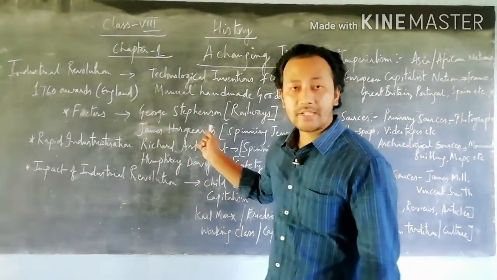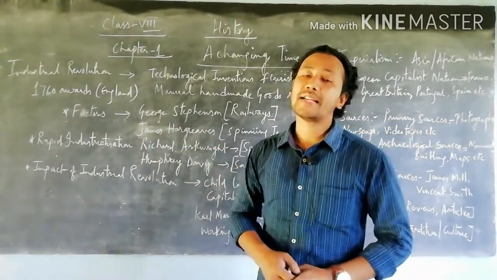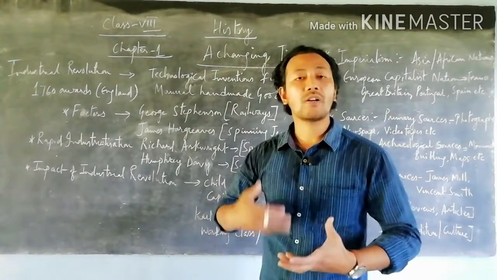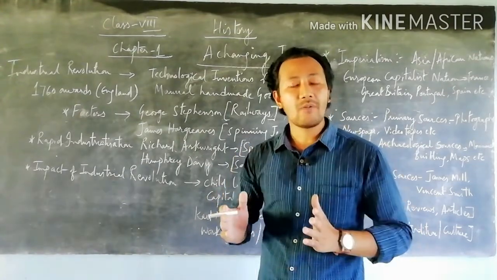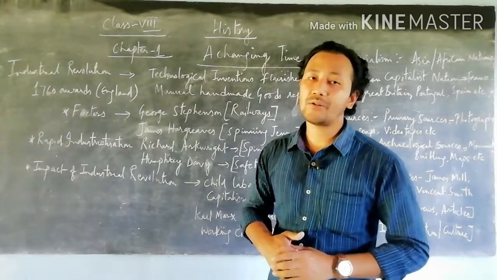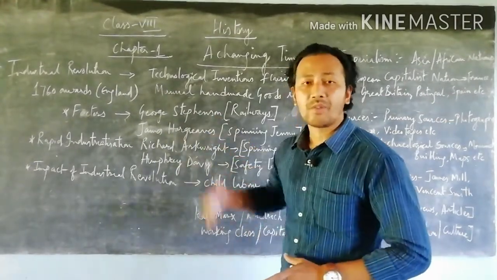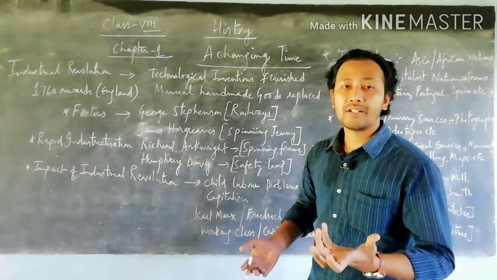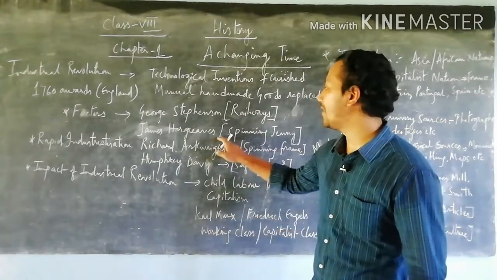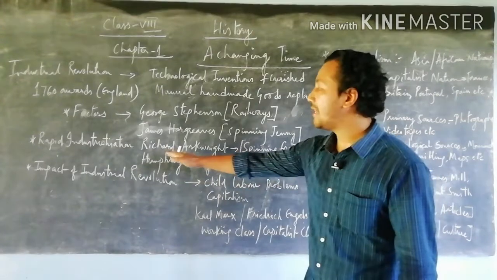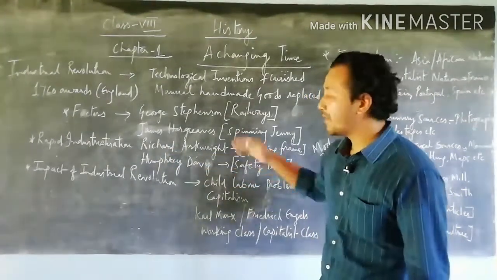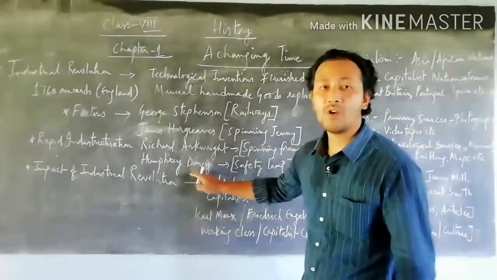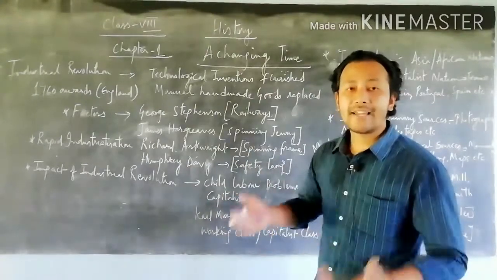First, George Stephenson, who has been regarded as the father of the railway, made a contributing effort towards the railway, and steam was also added to the topic known as railway. Next we talk about James Hargreaves, who made an impact by contributing a lot in the field of the spinning jenny, then Richard Arkwright with the spinning frame, and finally Humphrey Davy, who thought of making a safety lamp.